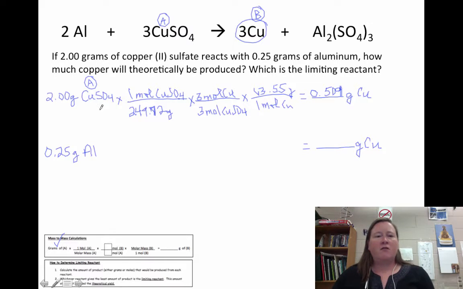All right, so let's look at if we start with 0.25 grams of aluminum. My first step is the grams.